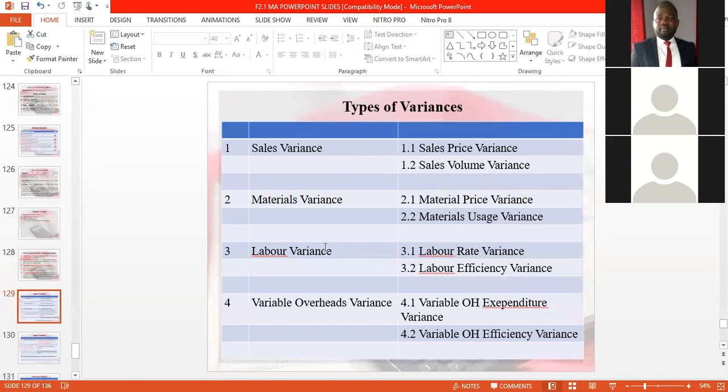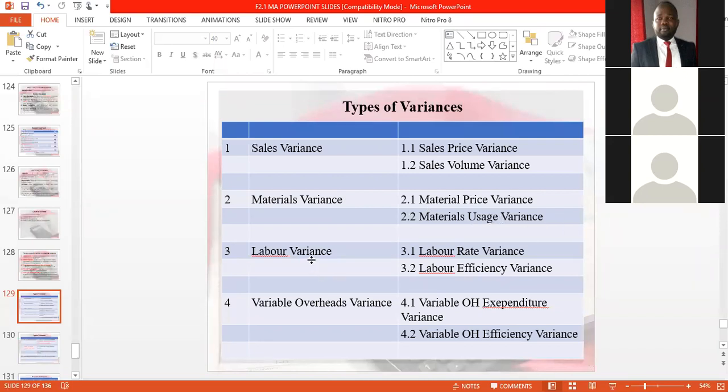Next, we looked at types of variances. We have sales variance, which has two variances in it: sales price variance and sales volume variance. The second type is material variance: material price and material usage.